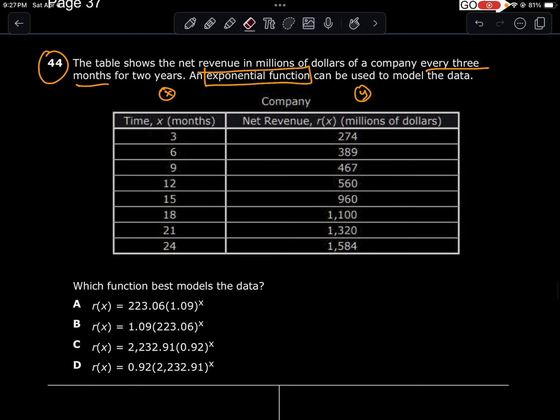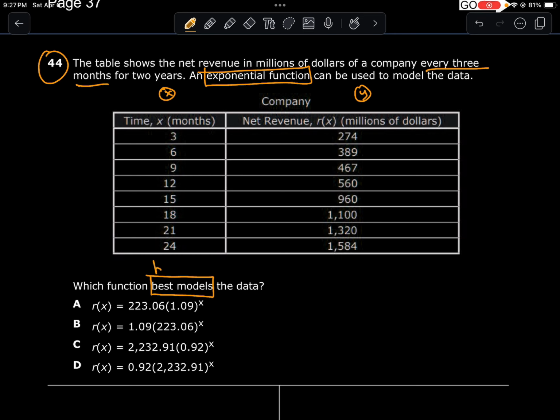Which function best models the data? This, or this. There are four options. And here the keyword in the question statement is best models. So it's not going to be exact.